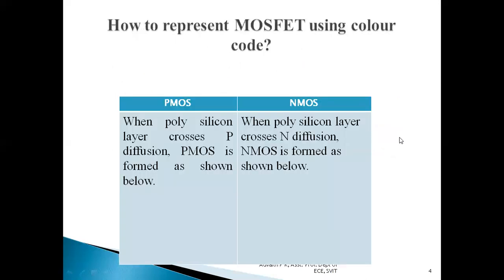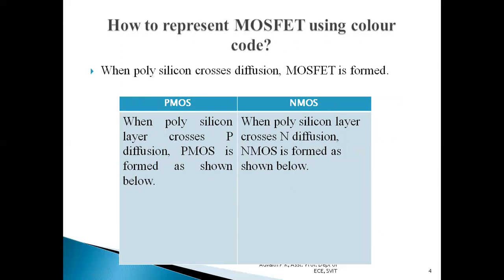Now let us see how to represent a MOSFET using color code. A MOSFET is formed when polysilicon crosses diffusion. When the polysilicon layer crosses P-type diffusion, we get a PMOS transistor, as shown in this particular representation.